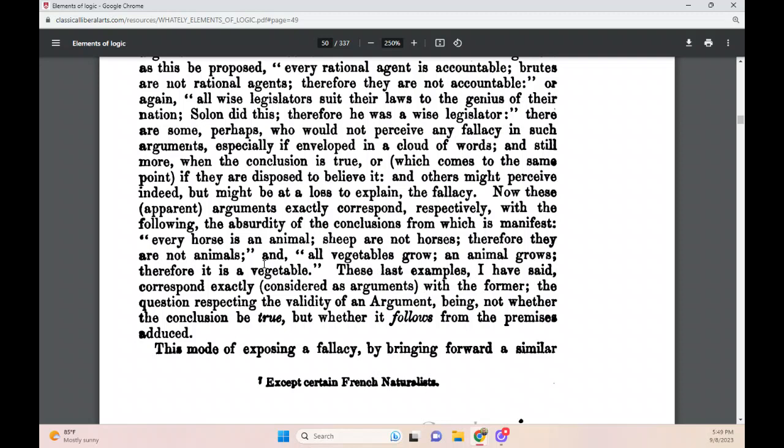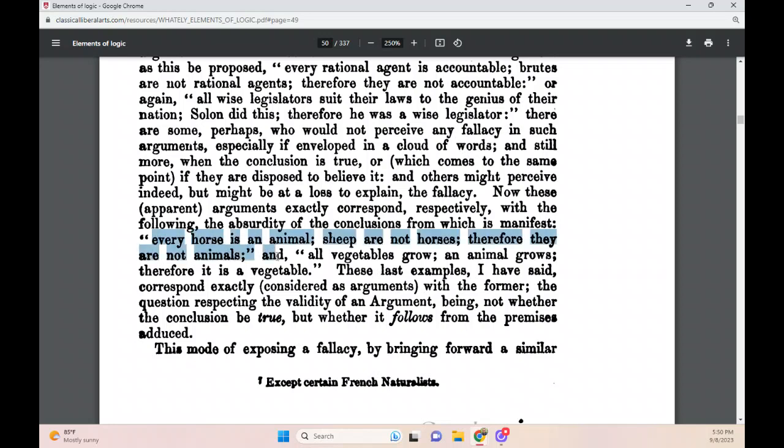So when the conclusion is false, or when the conclusion states something that we don't like, we will naturally or quickly object to it. The danger, as he showed, is that sometimes the false conclusion can be something that we will accept as true, and therefore we accept the whole argument.